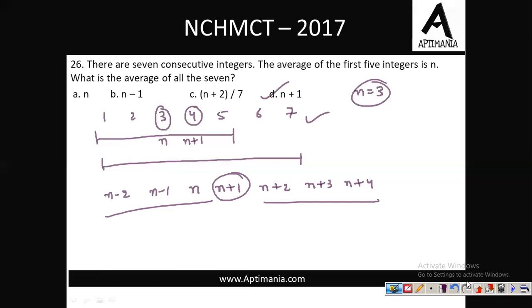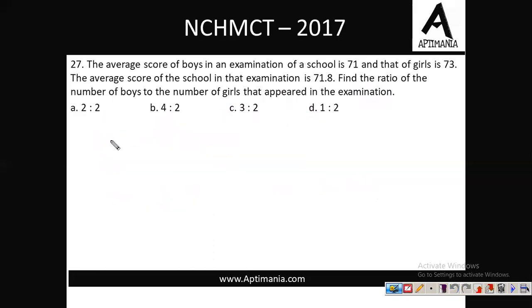Fine. Moving to question number 27. The average score of boys is 71, that of girls is 73, and the average score of the school is 71.8. Using the method of mixtures and alligation, see, the difference here is 1.2. The difference here is 1.8.